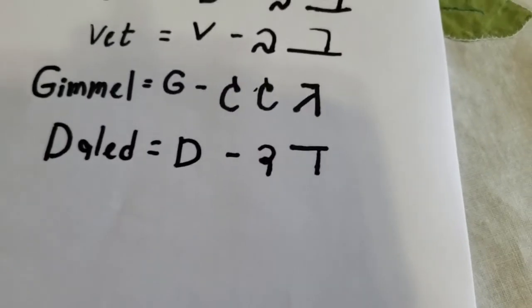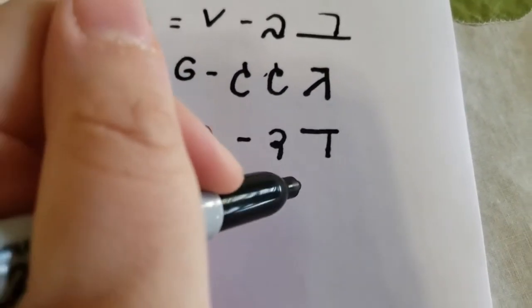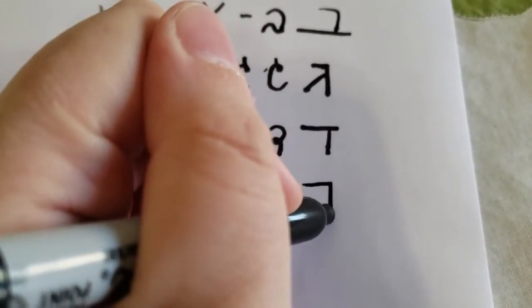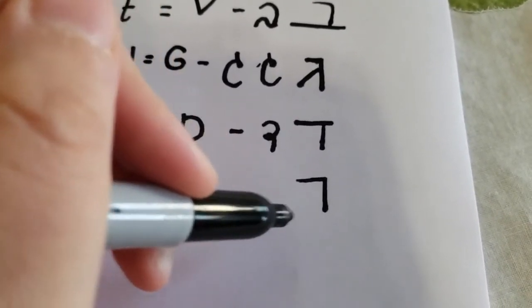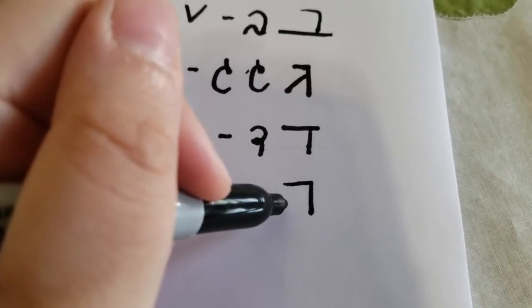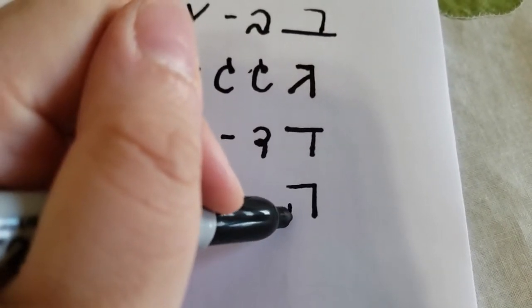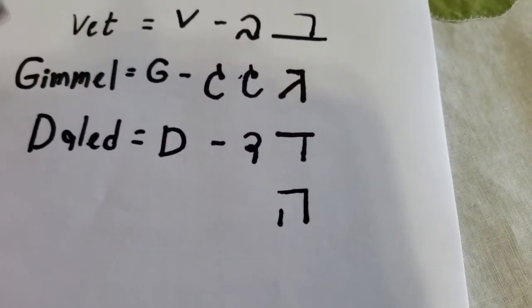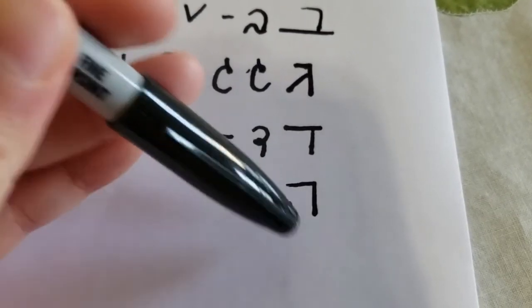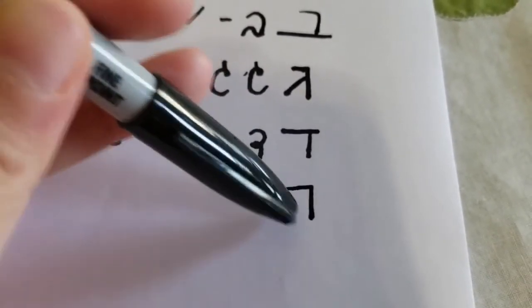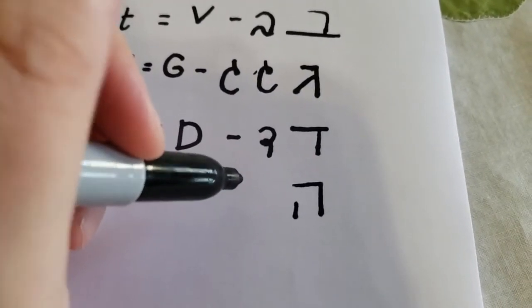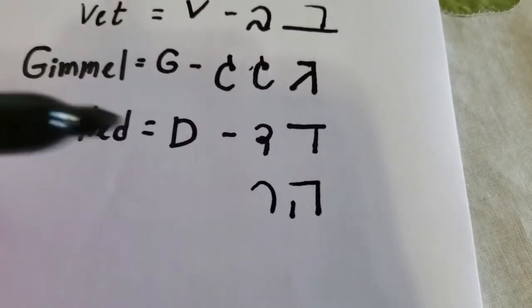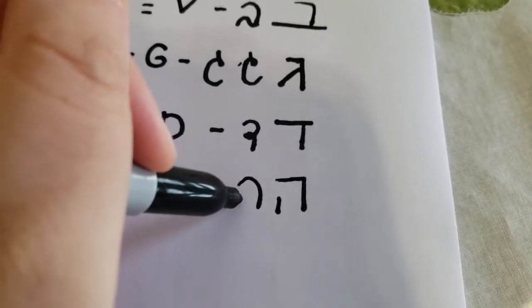Okay, next letter is Hey. You're making a beginning of a box, a square, but you're not making a square. And then at the end of it, you make a line. Make sure you're leaving room over here and over here. There's supposed to be openings to this box. Now the script way is you make half a circle and then a line.